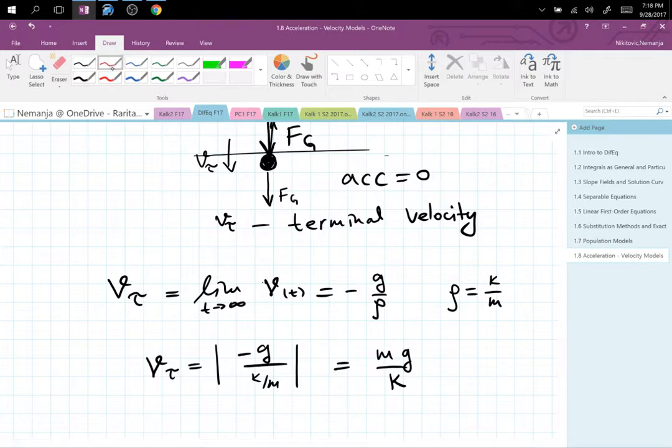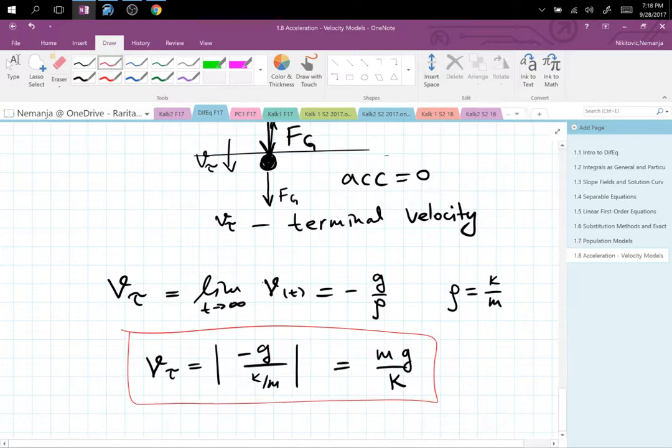And this one over here is what we call terminal speed. The whole thing is terminal speed? Well, just the equation mg over k is the terminal speed.